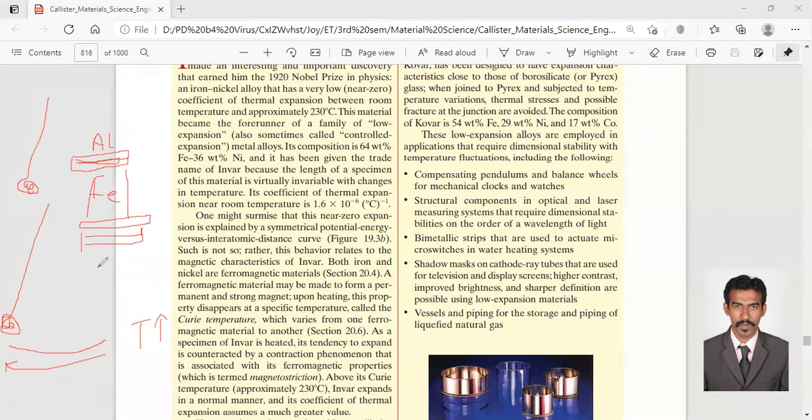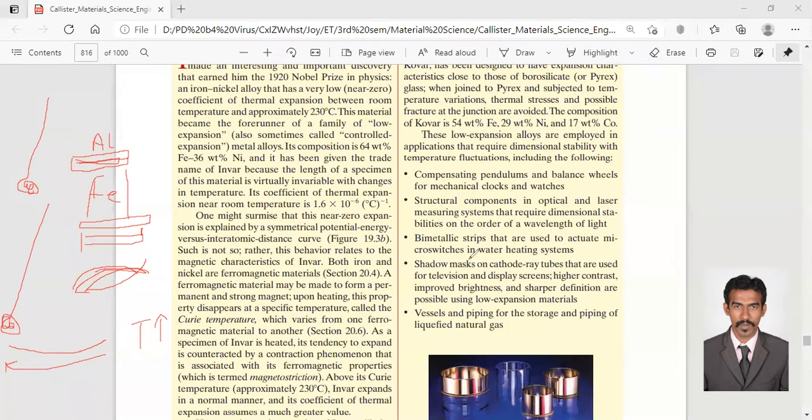So what will happen? This is tied, so definitely it has to bend. It will bend this way, because this and this are tied together. This can't extend like this, so they will bend, right?